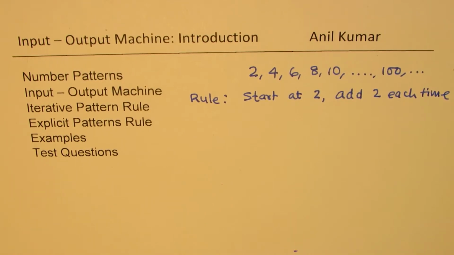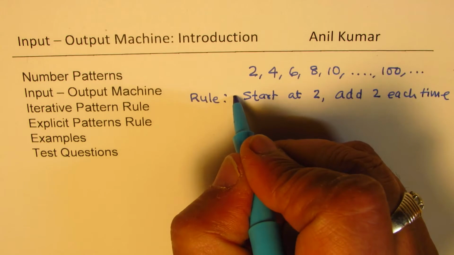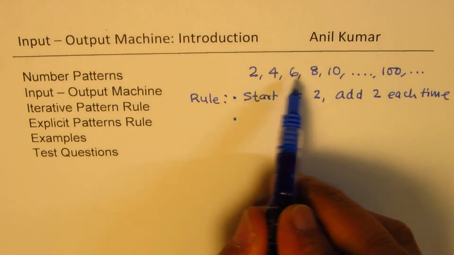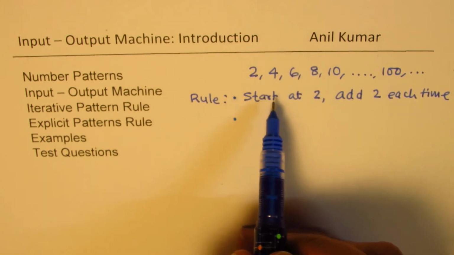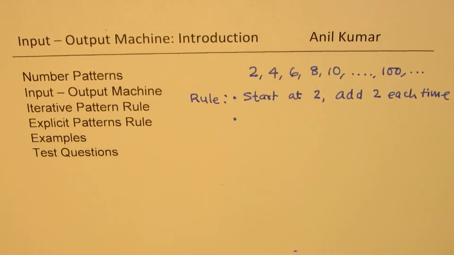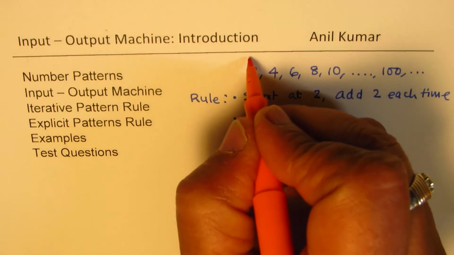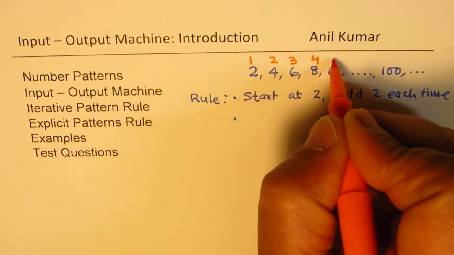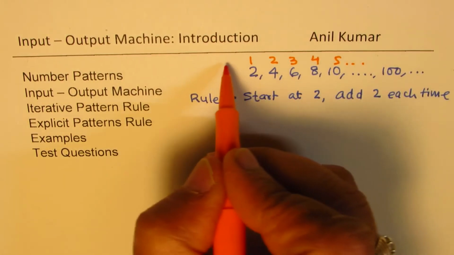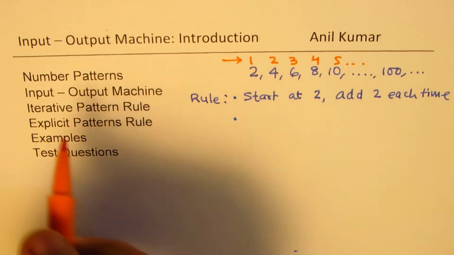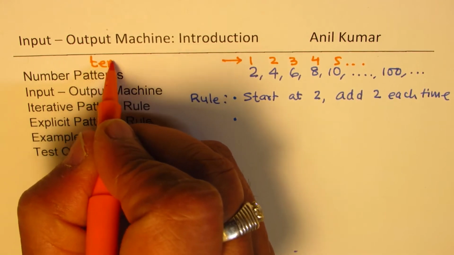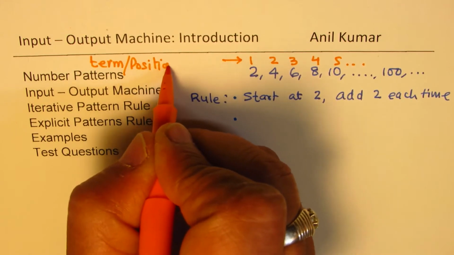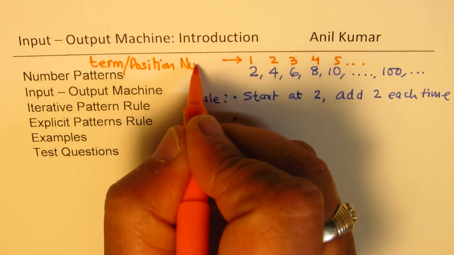Now, some of you may like to write a different rule, and that could be in terms of their position. So what we see here is that 2 is in position 1, this is in position 2, this is in position 3, this is in position 4, this is in 5, and so on. Now that position is also referred to as term number, or you can say position number.